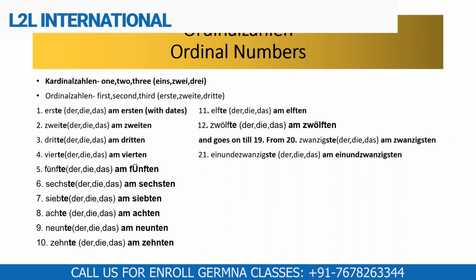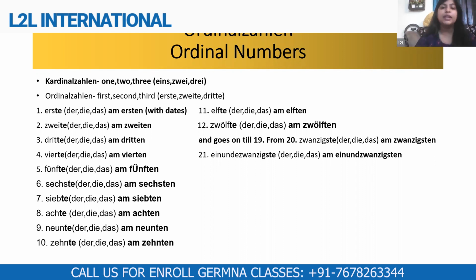Sechzehnter. For 17th. No, 17 is called siebzehn, Samriddhi, not siebenzehn. So siebzehnter. We learned that with 17, we don't put the whole number, we say siebzehn. For 18, Sana? Achtzehnter. Very good. For 19, it is neunzehnter.